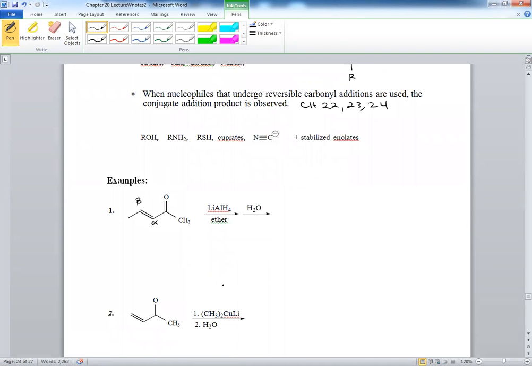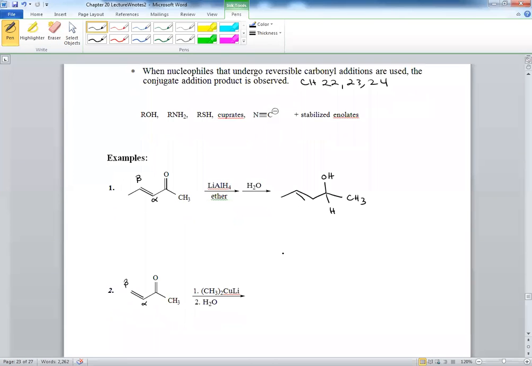But with the organocopper, the attack will happen at the beta carbon. Once again, I just need you to know the outcome of this. The outcome is you have an OH and we added the CH3, and of course we have the H. We've already gone over this reaction multiple times.